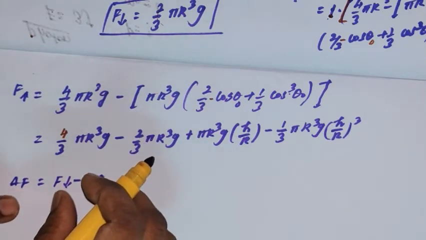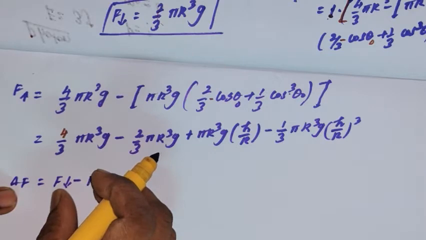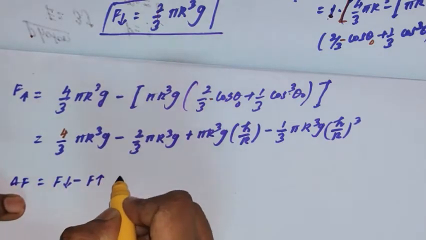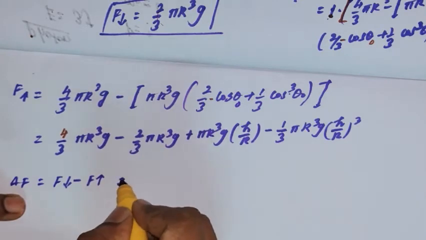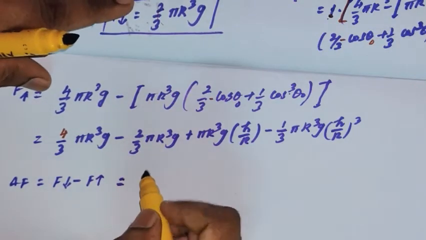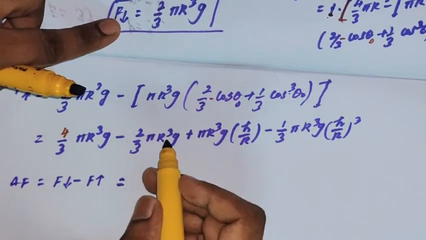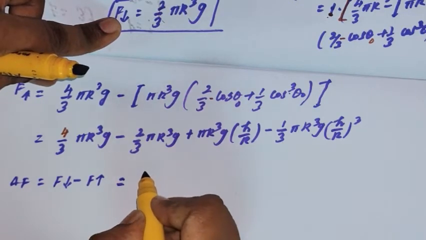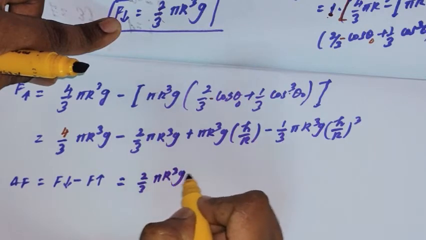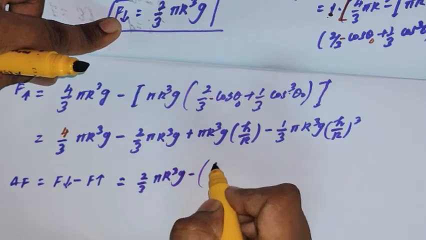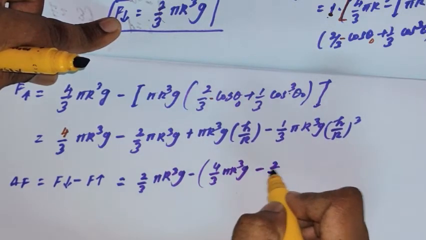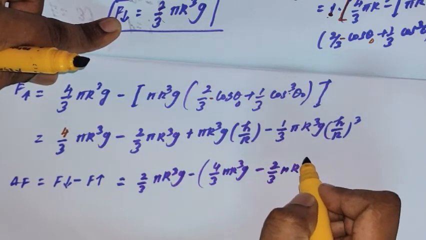So this resultant will give the change delta F, that is the dependent upward force on the cork. So this is equal to, if you subtract these two, the downward is 2 by 3 pi r cube g minus 4 by 3 pi r cube g minus 2 by 3 pi r cube g.